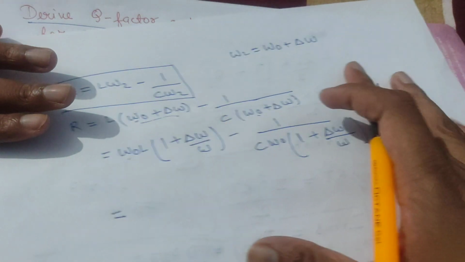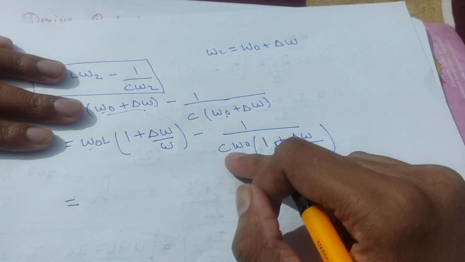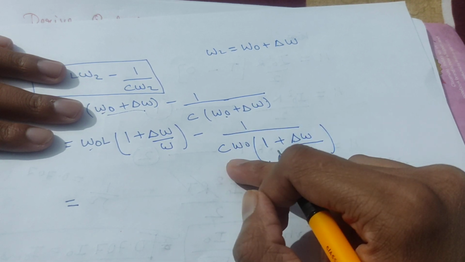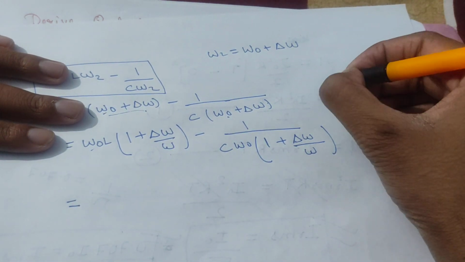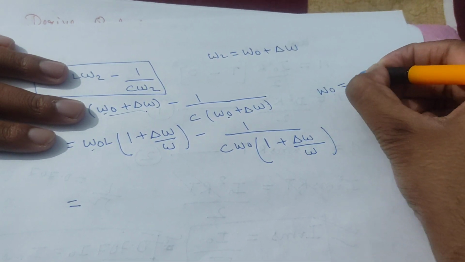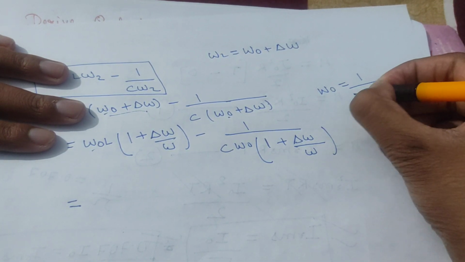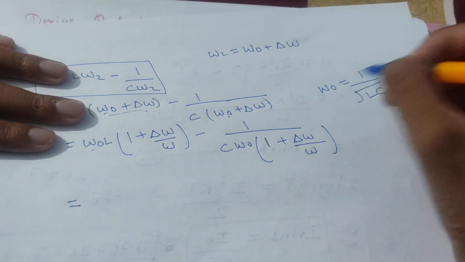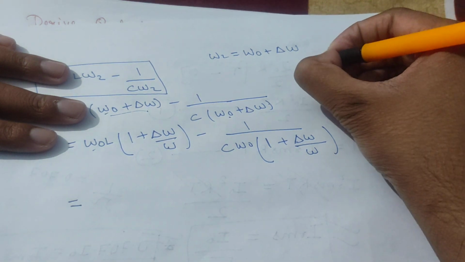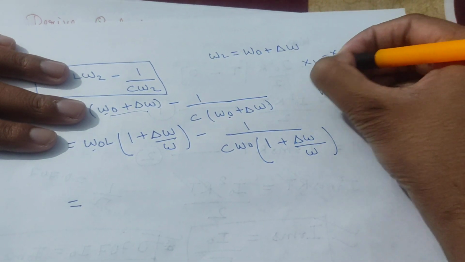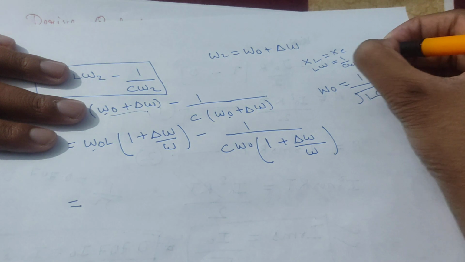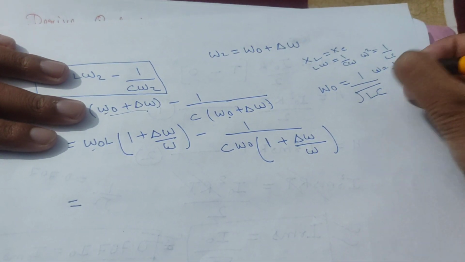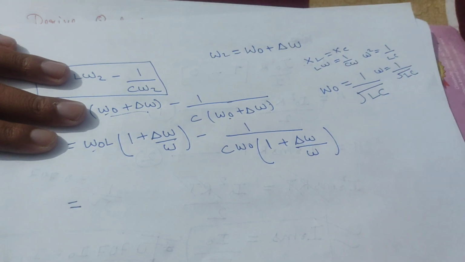So before we go into multiplying, we should find the value of C, okay. So what is C? We know omega naught is equal to 1 by root under LC, okay, at resonance. Here we got from resonance, when XL equals XC, L omega equals 1 by C omega, and omega square will be 1 by LC, and omega naught will become 1 by root LC, okay.